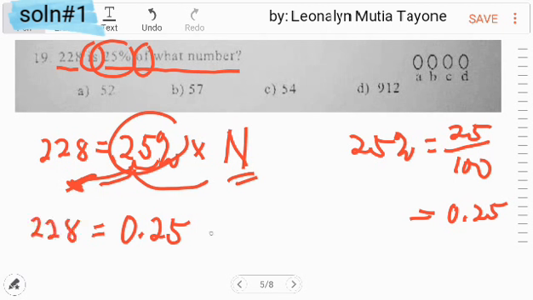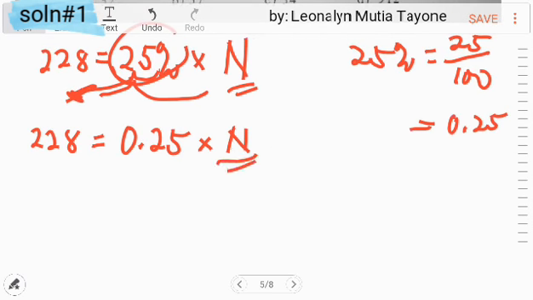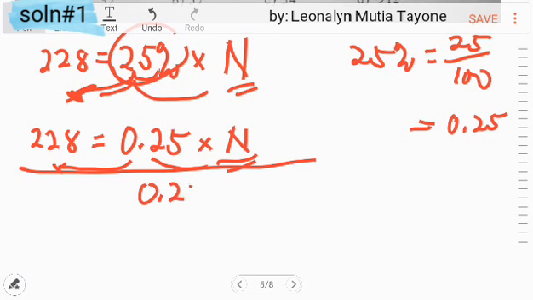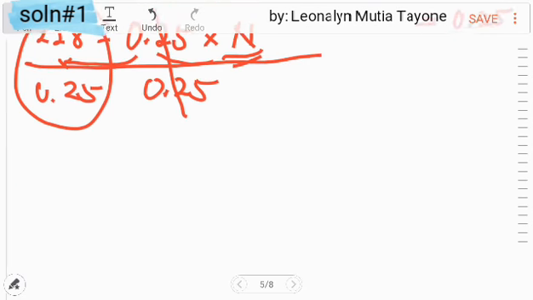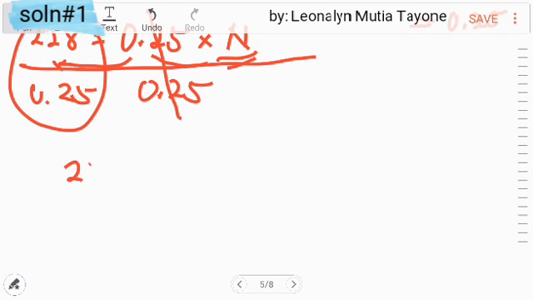Tapos kopyahin natin dito times n. Next, i-isolate si n dyan. So kung pang-multiply siya dyan, pang-divide siya dito. Or mag-divide ka sa both side ng 0.25. So cancel out si 0.25 dito. Nandito na siya. So ang itsura na niyan ay 228 over 0.25 equals n.